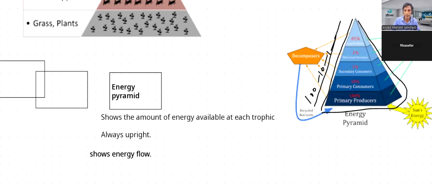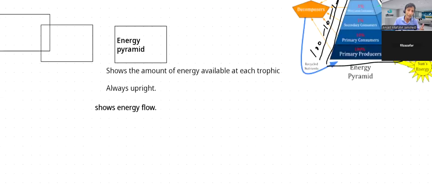Its limitation is that it's difficult to measure energy input and output precisely. Why is it so? Suppose any of the energy which is released from animals, from cows, buffaloes, goats, in the form of heat. We can't trap that heat to measure it, because it's really difficult for us to measure exactly the amount of energy which is released from there.